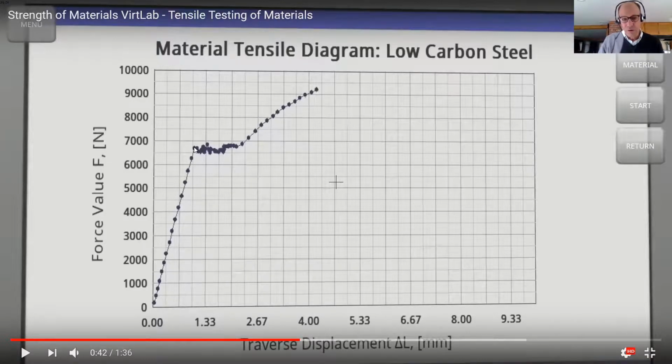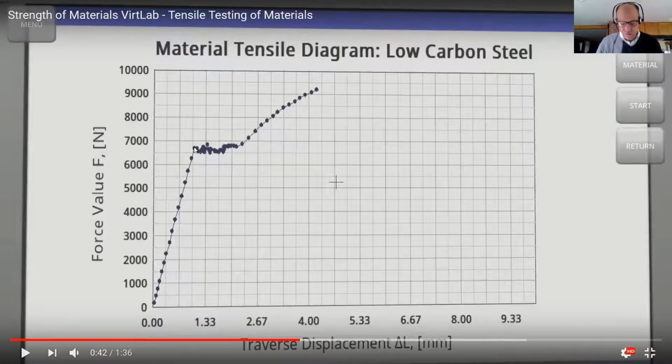Also, we're going to say that the maximum stress for this low carbon steel is 500 megapascals.